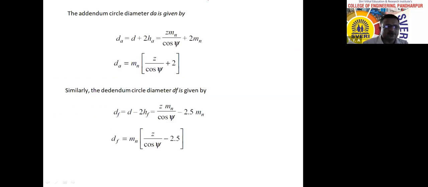Next, write down, therefore, the addendum circle diameter dA is given by this relation, which we have to use while solving the problem. dA is equal to D plus 2HA, which is equal to Z Mn divided by cos psi plus 2 Mn. Therefore, Mn we have taken common. Therefore, dA is equal to Mn into bracket Z divided by cos psi plus 2.